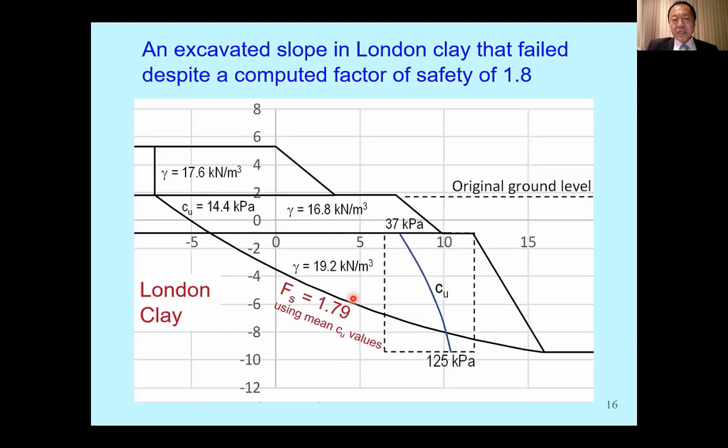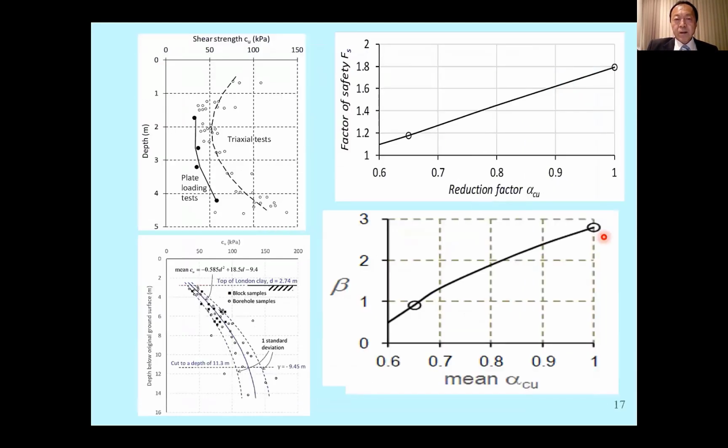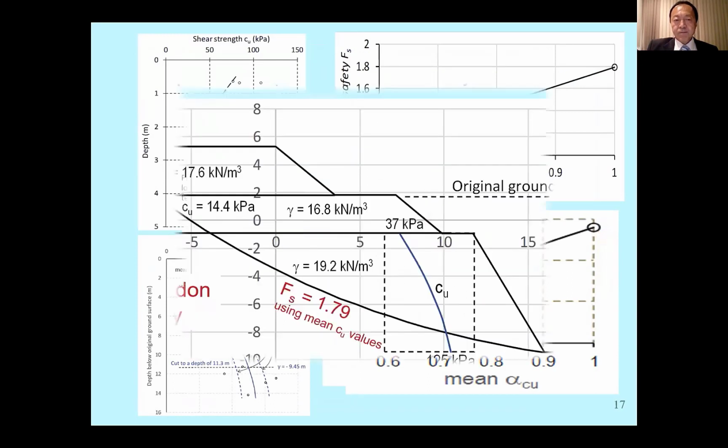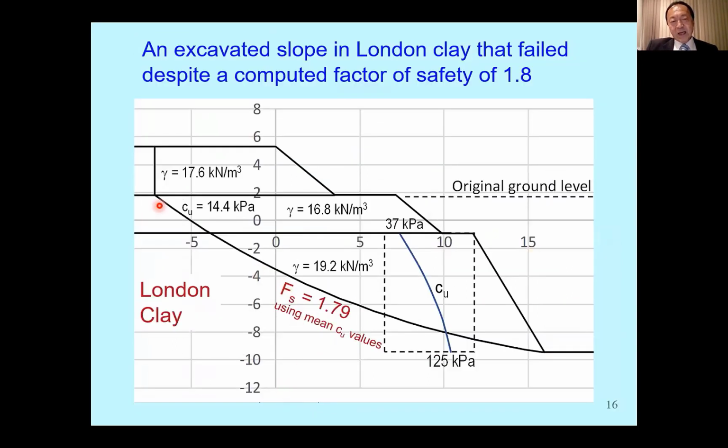Now, look at the deterministic case first. Based on a single fitted line, you have Fs equal to 1.8 using the mean CU value, which is high, and yet the slope failed about 5 days after excavation.